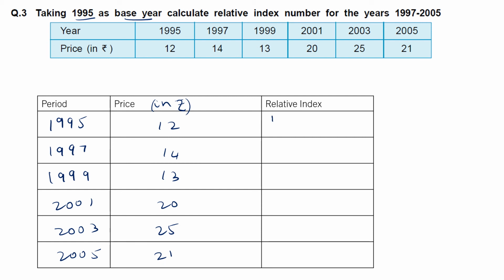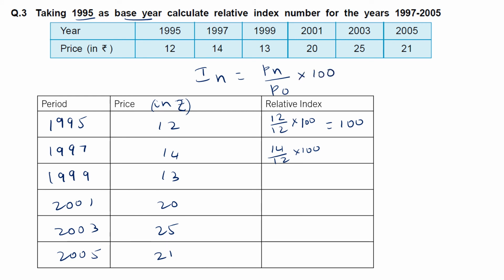So for 1995 it will be 12 upon 12 into 100, which is equal to 100. The relative price index is given by In is equal to the price in N upon P naught into 100.